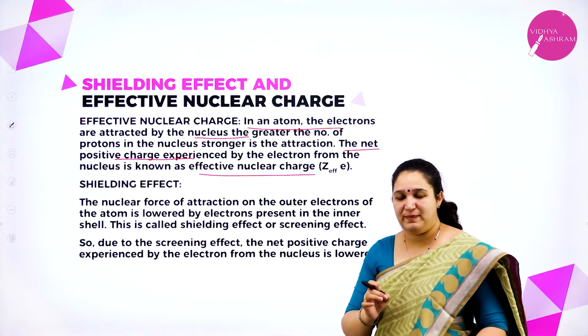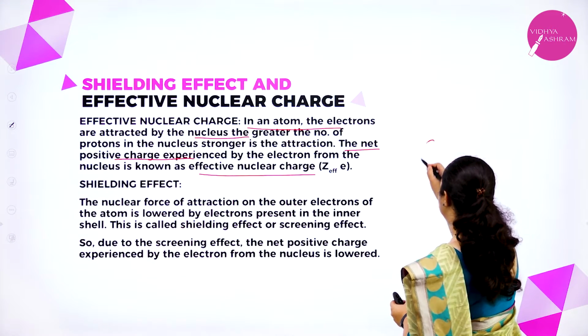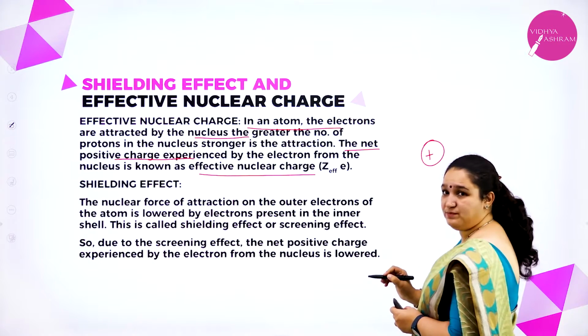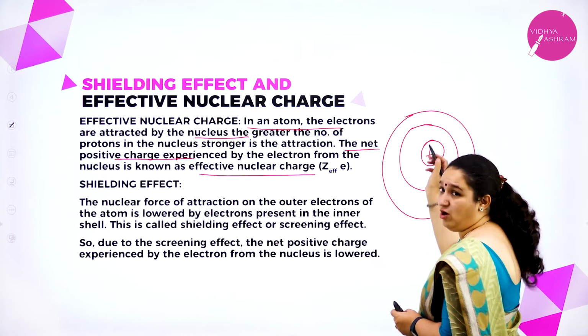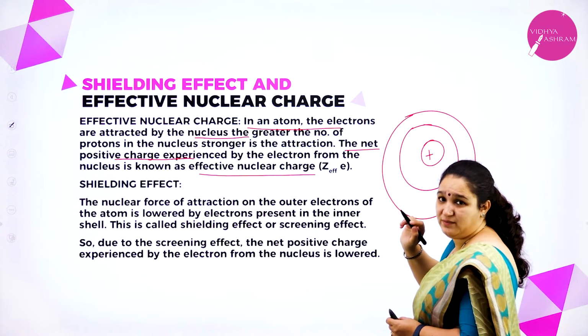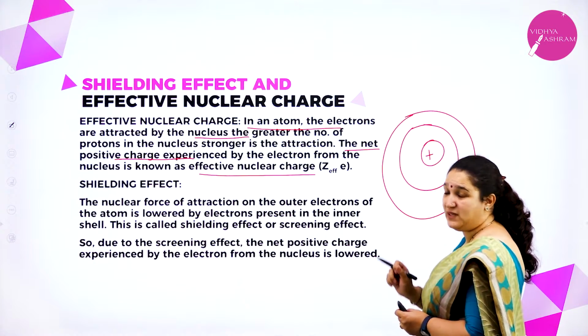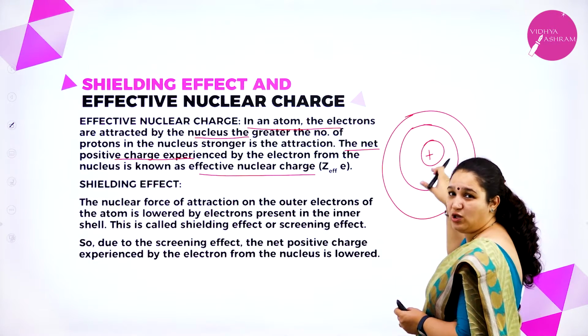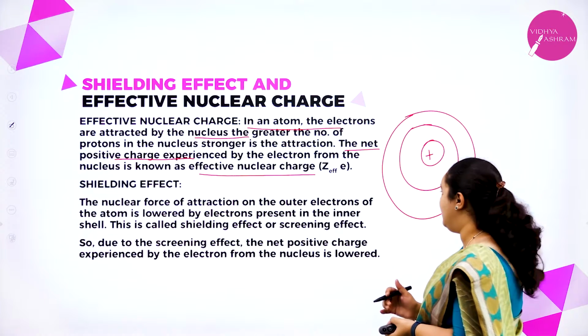If I have to explain to you all in simple words, in the nucleus we have protons. Around them, surrounding them, we have the electrons in orbitals. Correct? We have electrons around the nucleus in the orbitals. I am still showing you all in a circular path because I cannot show three dimensions here. That's the reason I am drawing like this.